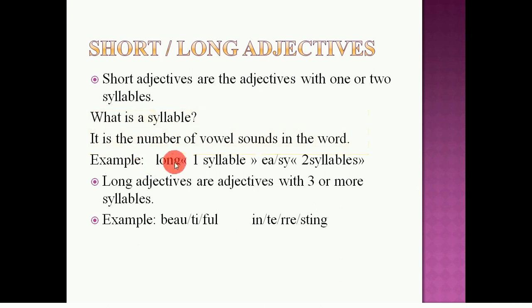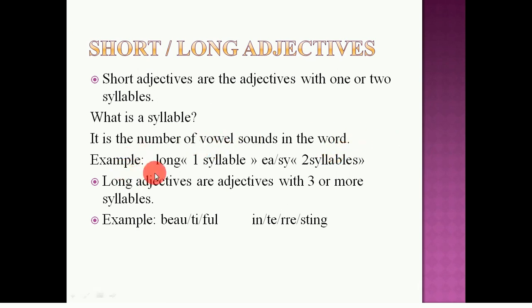For example عنا long قداش فيها من صوت نتاع فوايل؟ فيها صوت واحد نتاع فوايل اللي هو O. long معناها فيها one syllable. مادام فيها one vowel sound فيها one syllable. شوفوا هذه easy، قداش فول ساوندز فيها؟ فيها اي وفيها اي. Easy. دام فيها two vowel sounds معناها فيها two syllables.